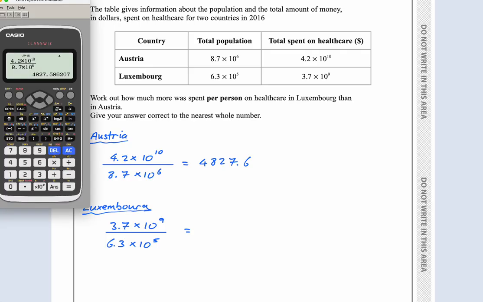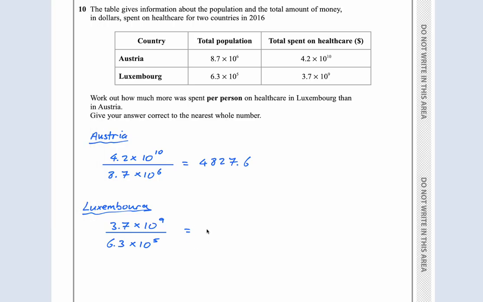Okay, this is 3.7 times 10 to the power of 9 over 6.3 times 10 to the power of 5. This gives me 5873.